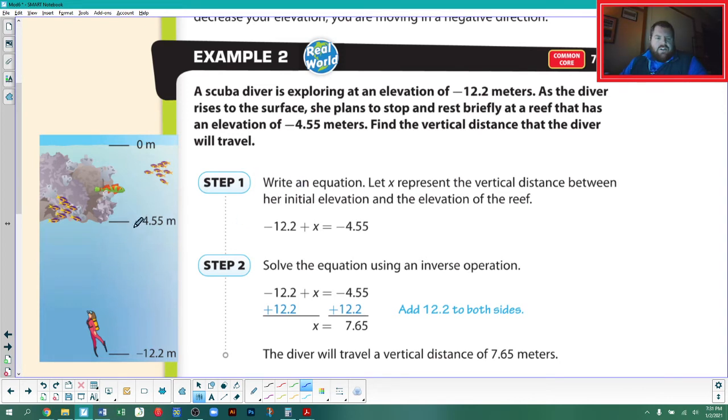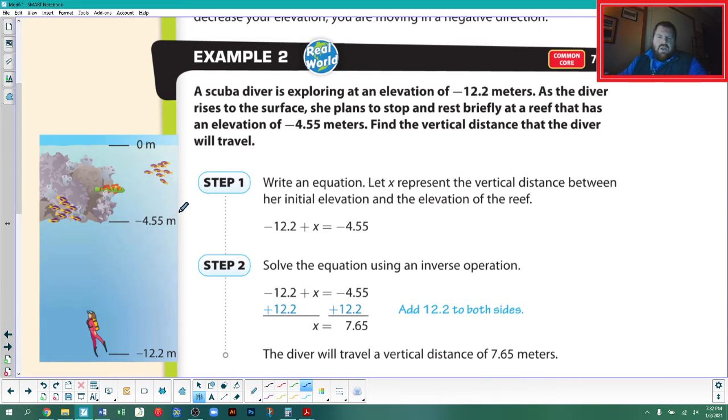If we want to figure out how far she traveled, one way to do that is to take the starting location and add the distance that she travels, and that's going to equal our ending position. Okay, so this equation will work. I think that there's better ways to do it, but in an effort to come up with a problem that we can set up, this will work just as well.